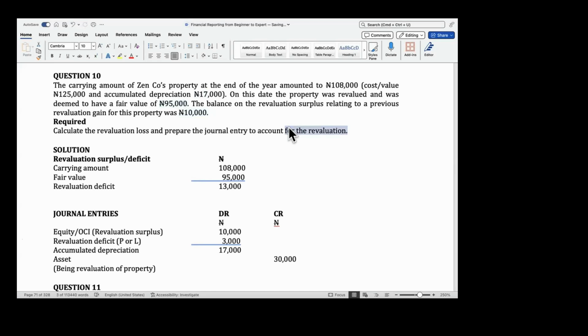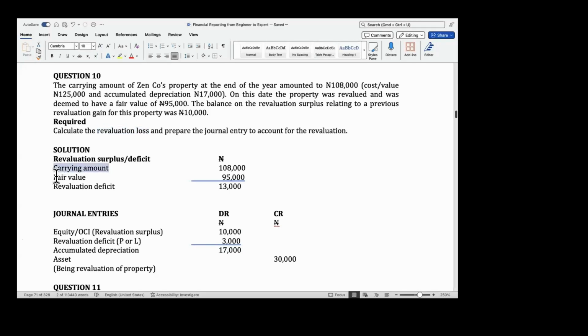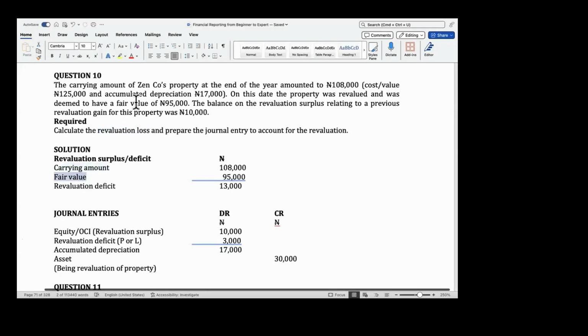Okay, this is a very straightforward question. They want us to calculate our revaluation loss. And our revaluation deficit or surplus is the difference between the carrying amount and fair value. That's what this question wants to teach us, because they give us the carrying amount of the asset, and on the same day, they give you the cost.